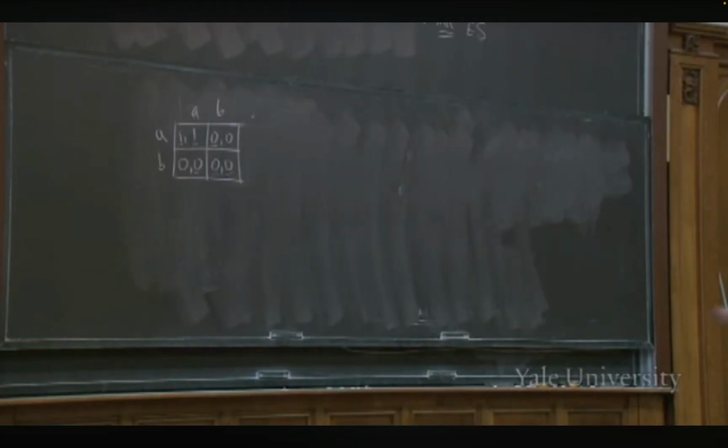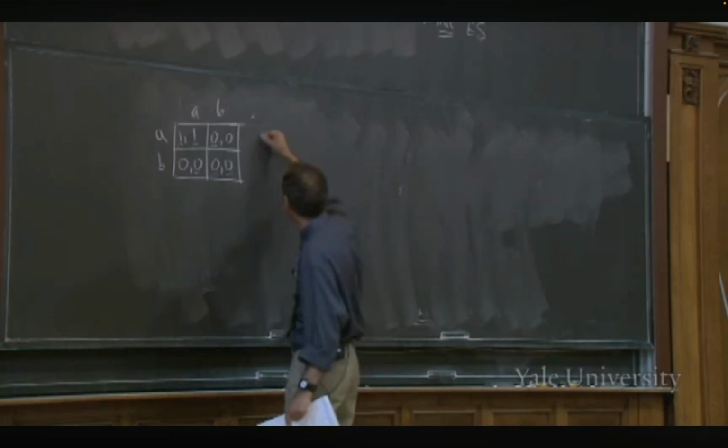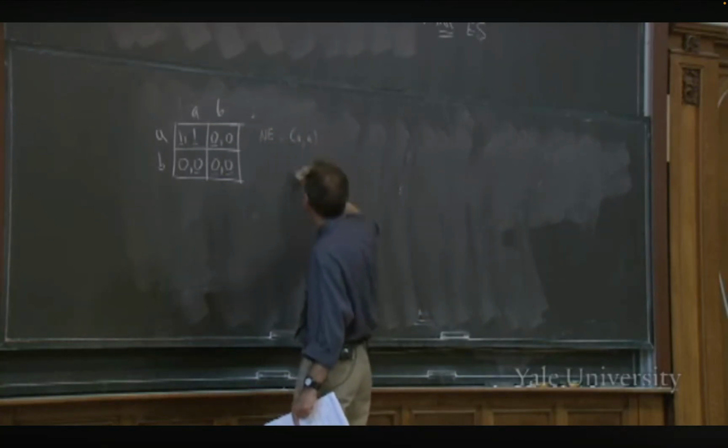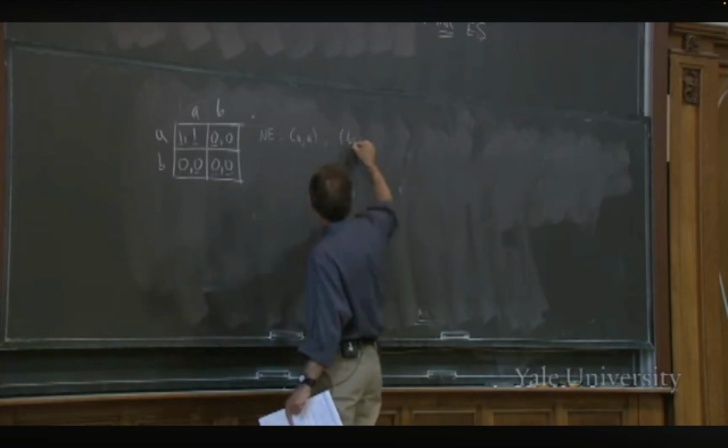So we can conclude by looking where these best responses coincide that the Nash equilibria here are AA and BB.